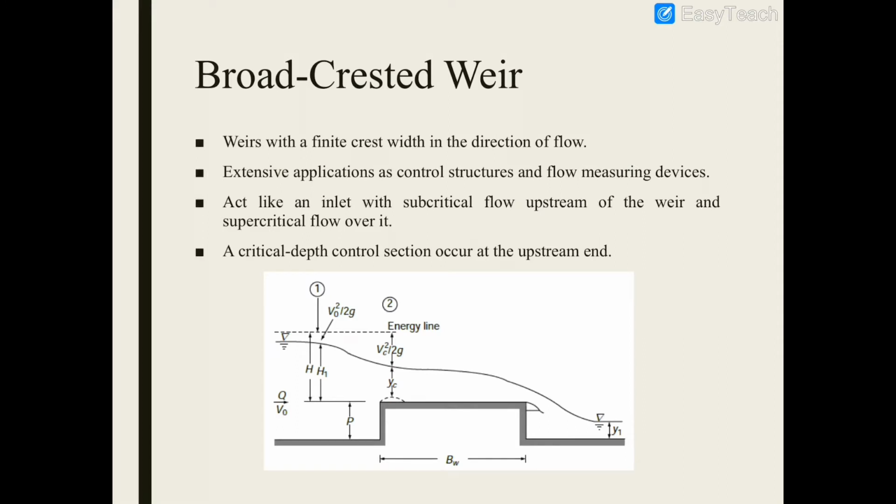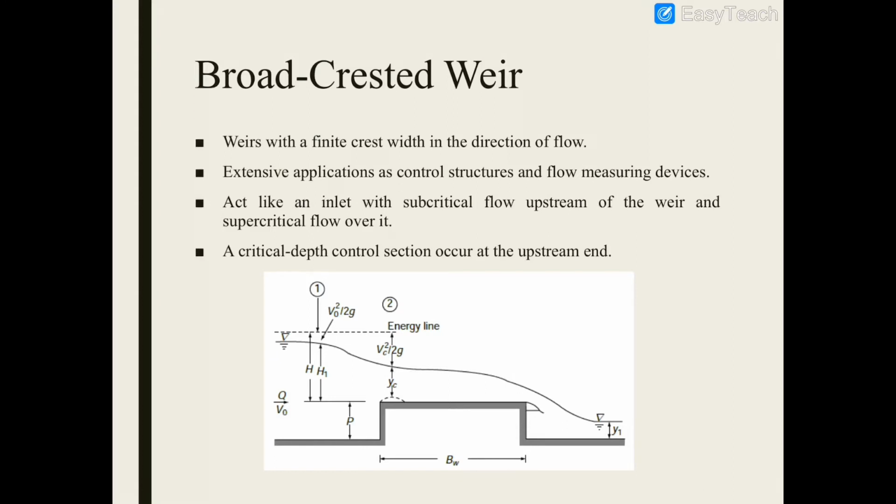If the width BW, which is the width of the crest of the weir, is sufficiently long, the curvature of the streamline will be small and the hydrostatic pressure distribution will prevail over most of its width.